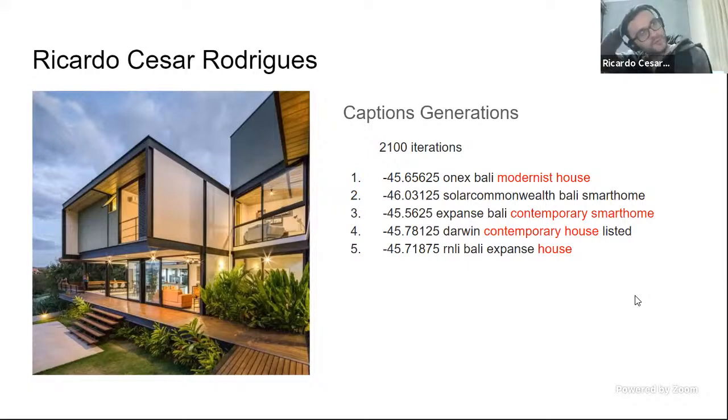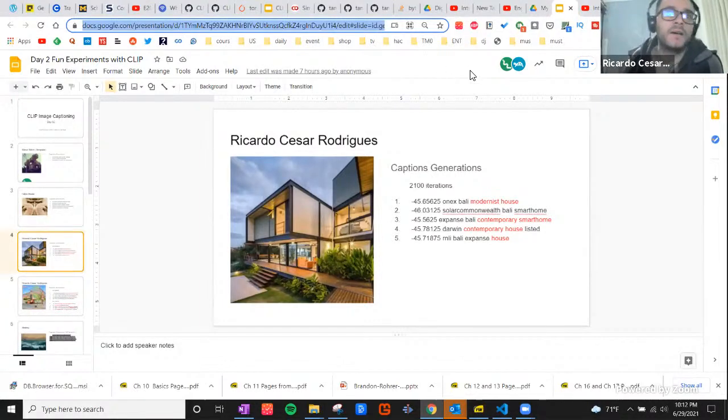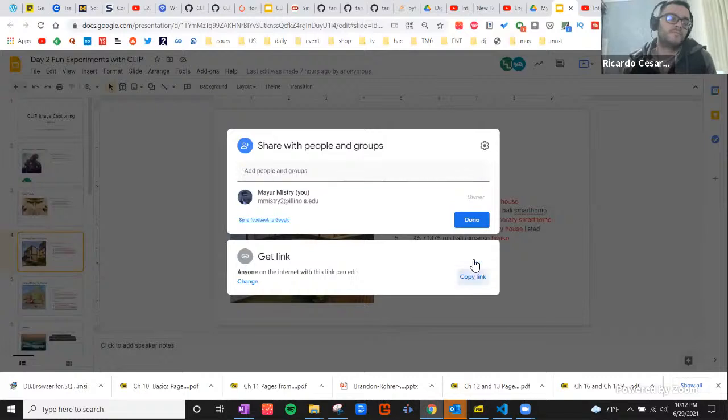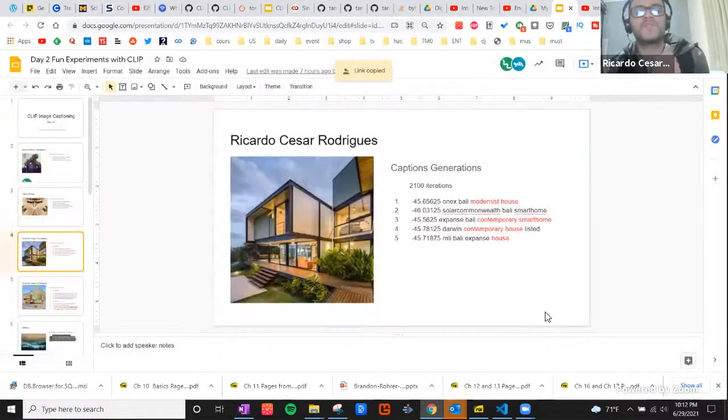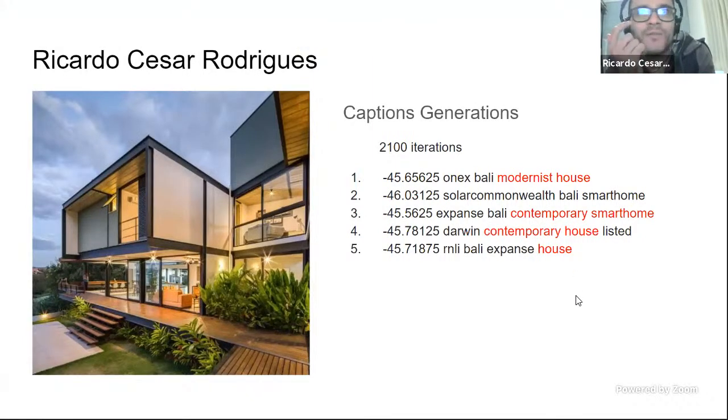I was experimenting with this Colab notebook for the very first time, and it's kind of fun. The machine starts learning and iterating, and in the first iterations it looks like the machine doesn't know anything about it, but at some point it starts recognizing: that's a house, that's a modernist style, that's a contemporary house.